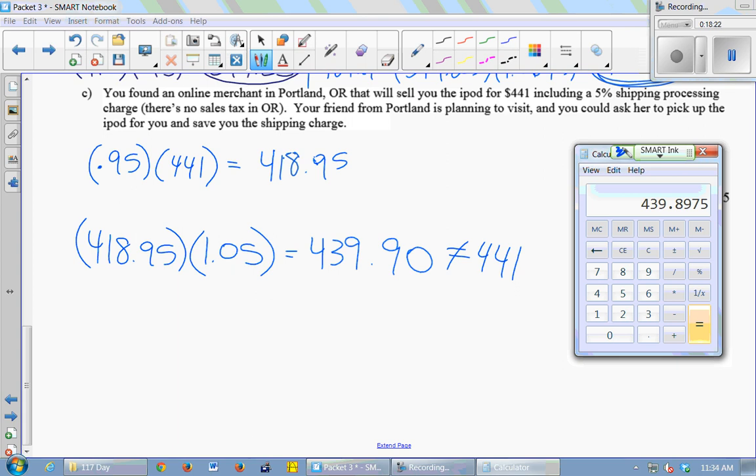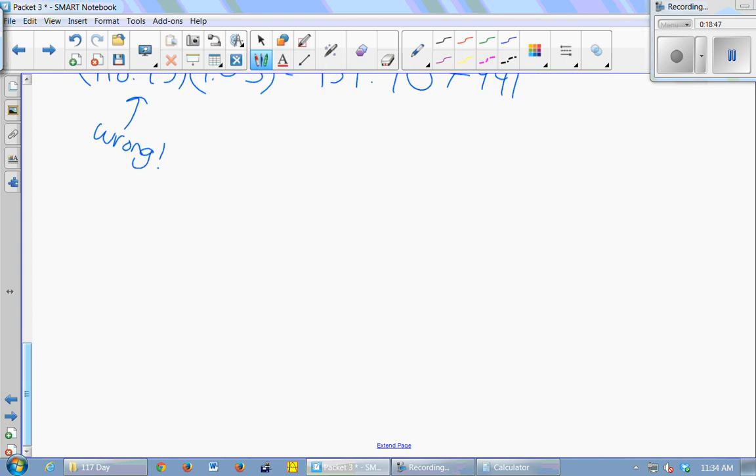So the question is, what number should I put here so that when you multiply by 1.05, you get $441? So this number's wrong, right? Whatever the base price is, increase it by 5%, you should get 441. So I've got something, and I want to multiply it by 1.05 and get $441.